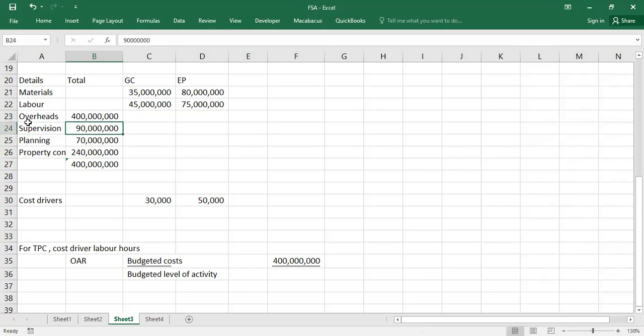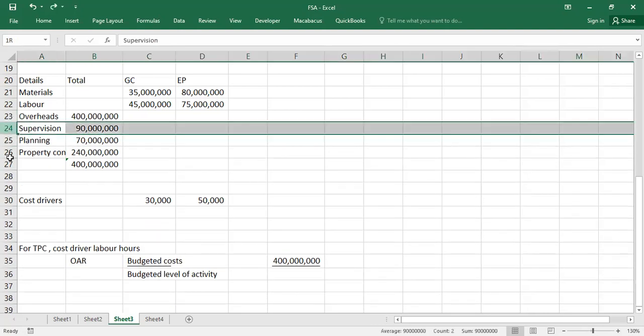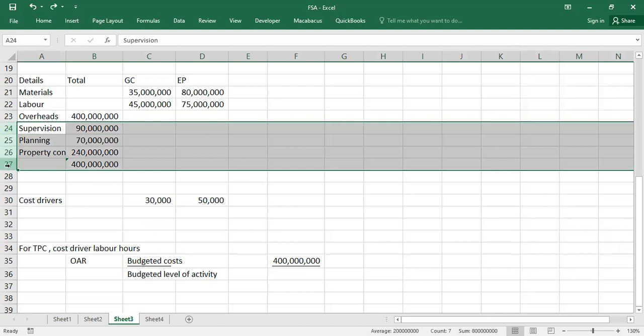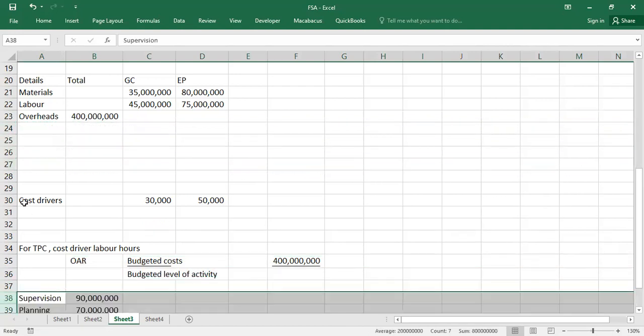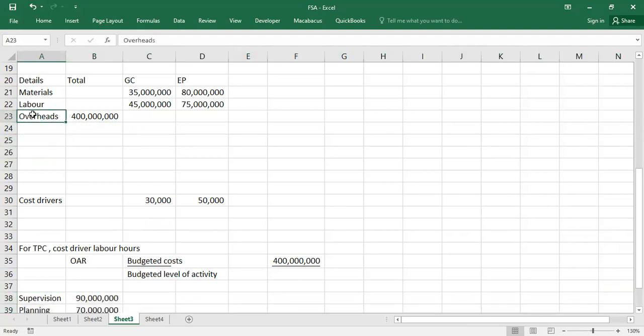So when you use this, it means that these lines, since I'll need them later, let me put them down. For TPC, it's saying, I don't mind, just generalize. At least in class, that's what you did. So you're going to get the budgeted cost, which is 400,000, 400 million for all.